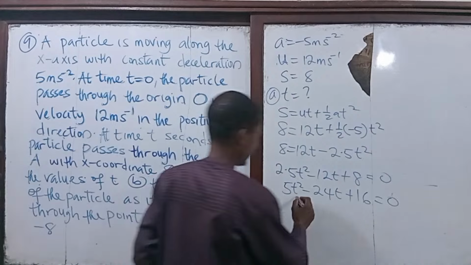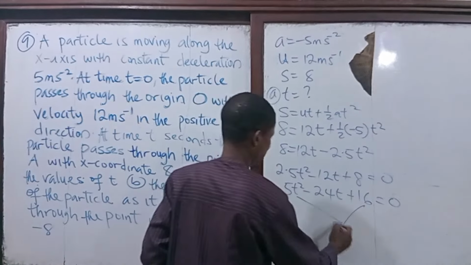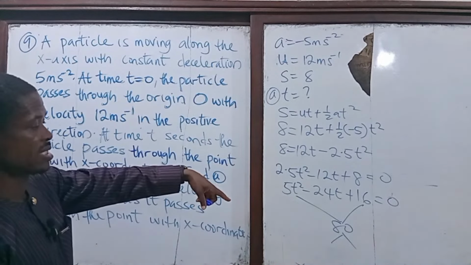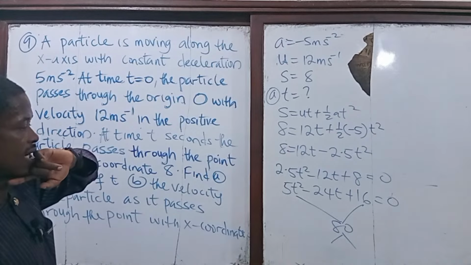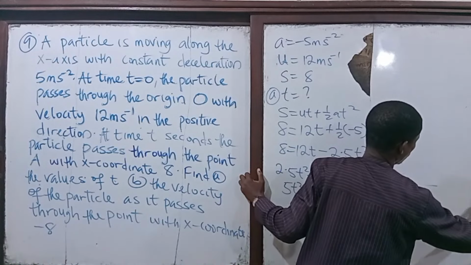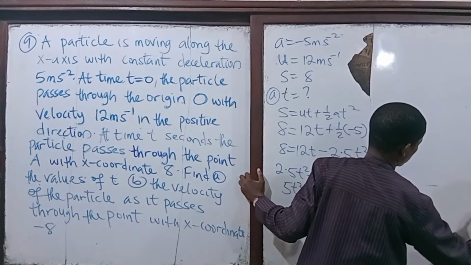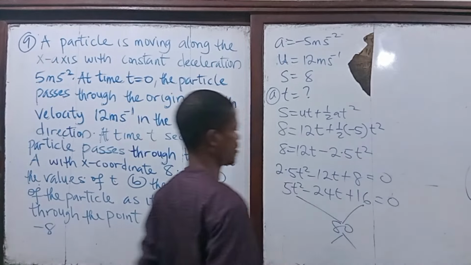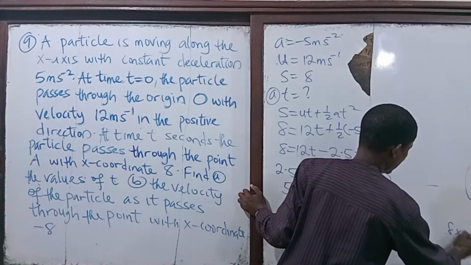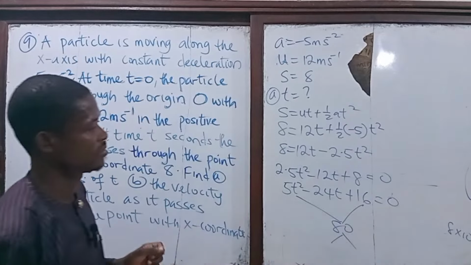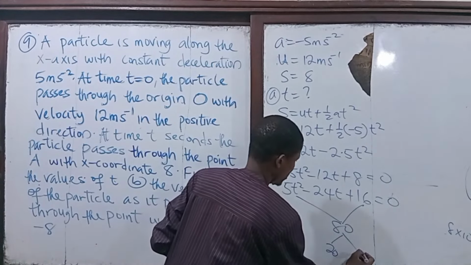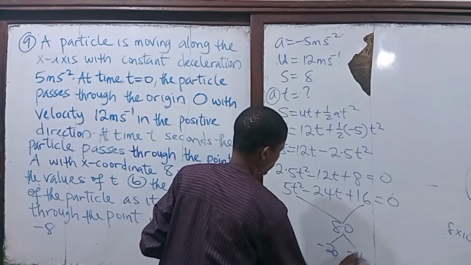So that's what we have. We can factorize this. 16 times 5, that's 80. We need factors of 80 that can give us 24. 20 and 4 is the best, and that will be minus 20 and minus 4.